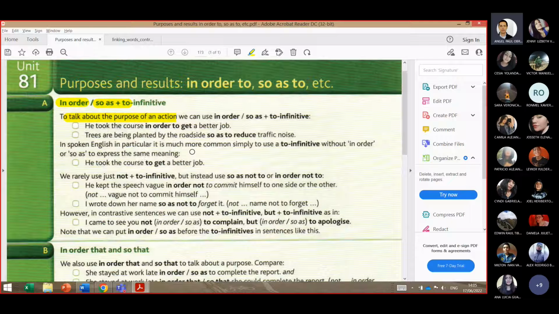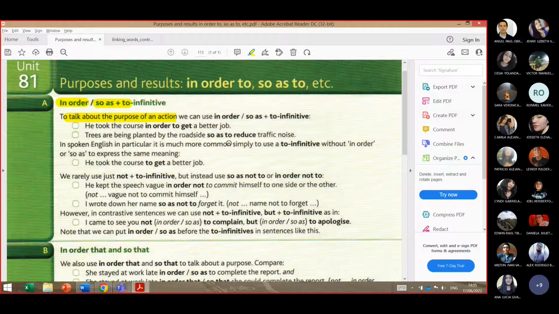So in order to, so as to, and also to, we use to express the purpose of an action. However, there are some basic differences in how they are used, in terms of the uses.